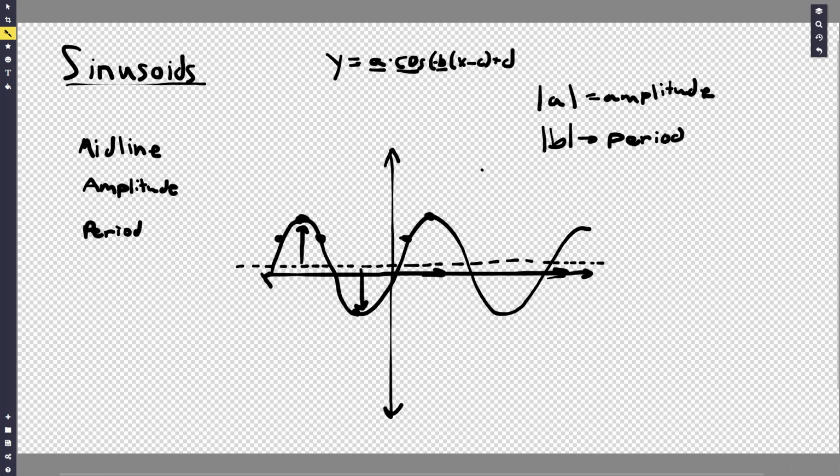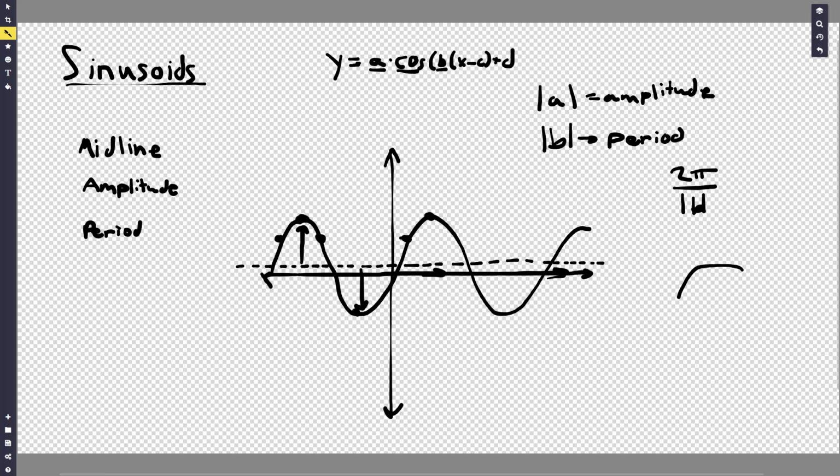And again, I have talked about this in a previous video about the transformations of functions. So how can I use b to find the period? Normally the period is 2 pi radians. How I can find the period of this function is by dividing 2 pi by the absolute value of b. And I'll explain why.